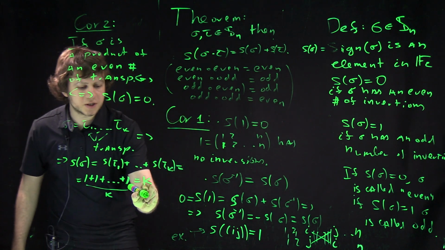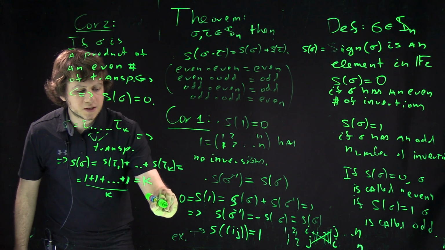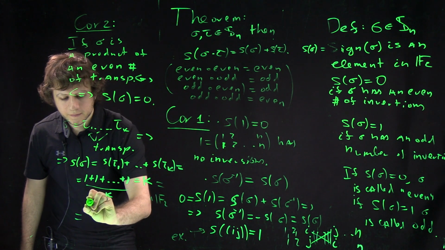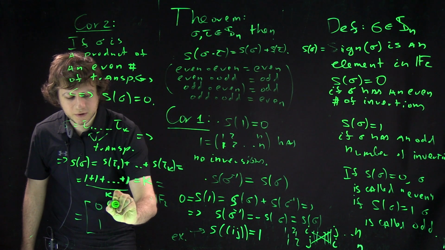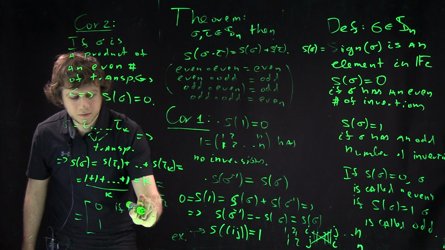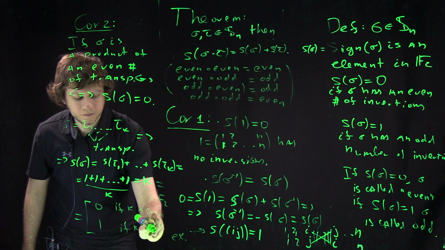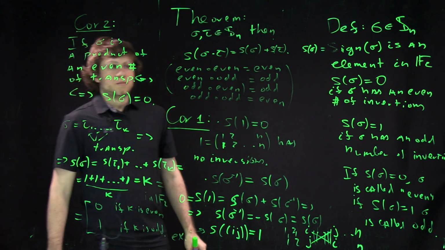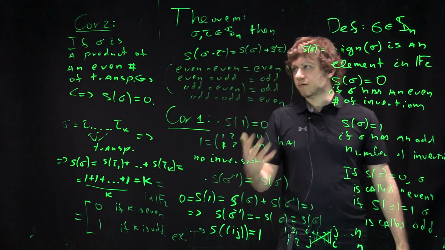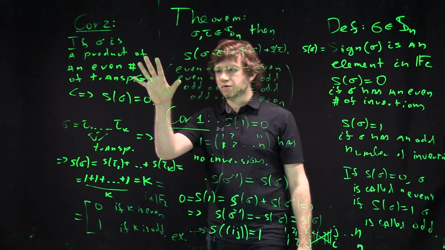And as this is of course in F2, this is basically 0 or 1, 0 if k is even, and 1 if k is odd. Perfect. So you see, this is a very powerful theorem, and it tells you a lot.